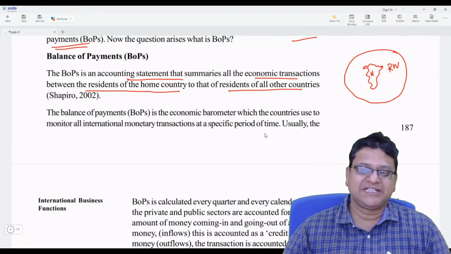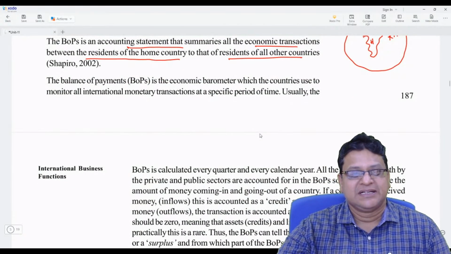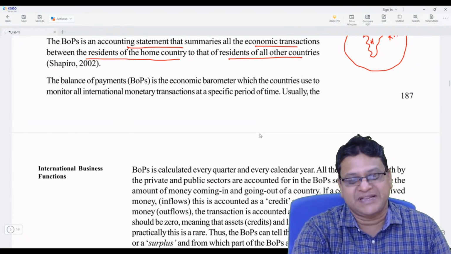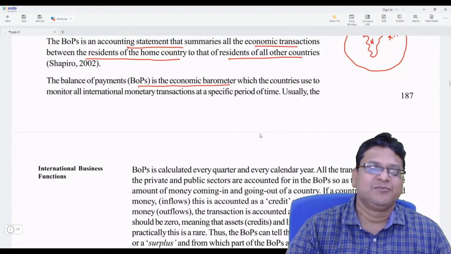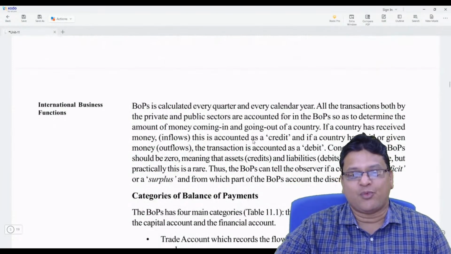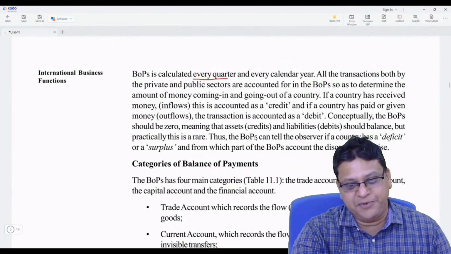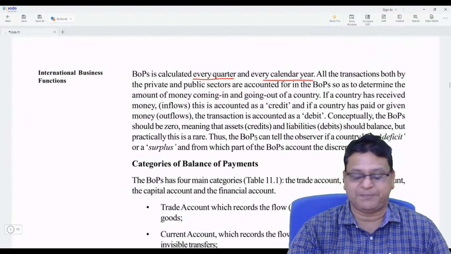So BOP is an economic barometer which studies the international transactions of a particular country. Normally, BOP is calculated quarterly or in every calendar year. So quarterly BOP statements are prepared and calendar year BOP statements are prepared.